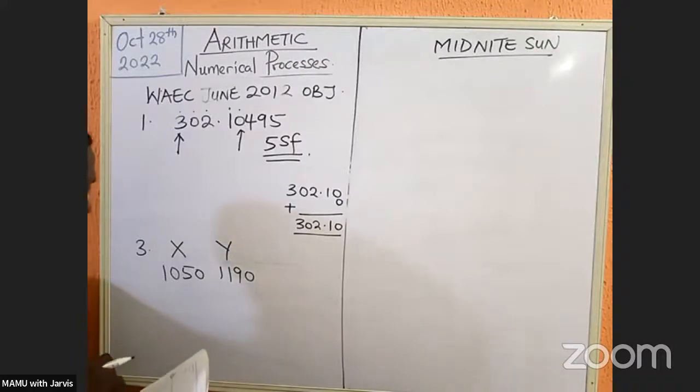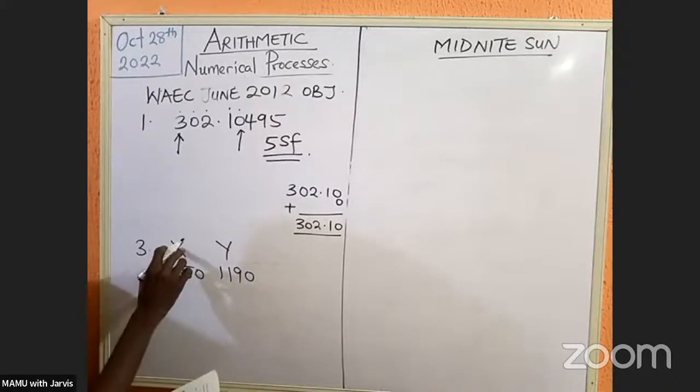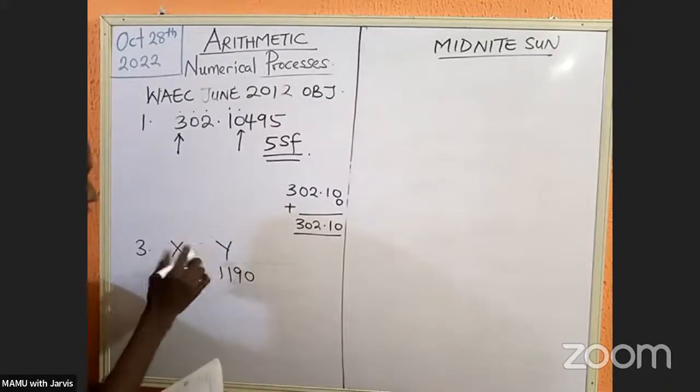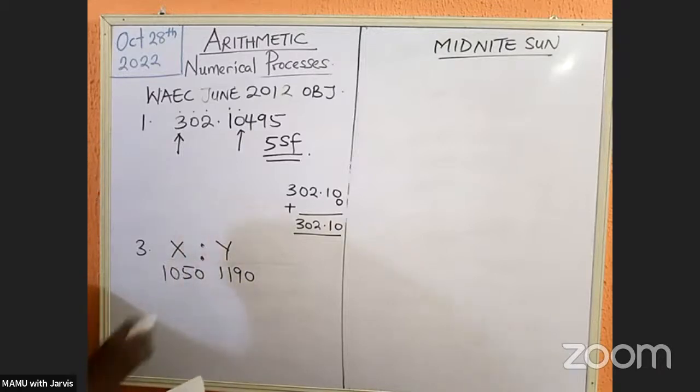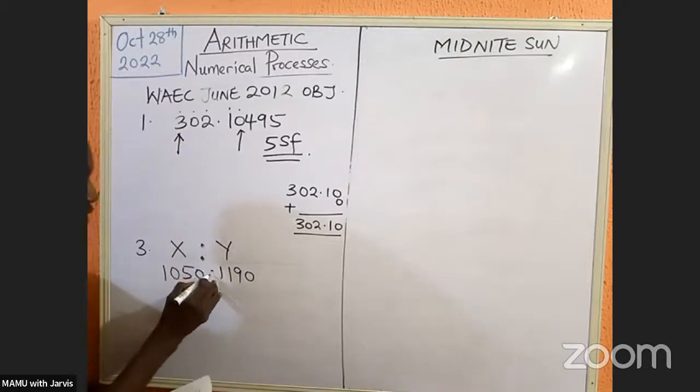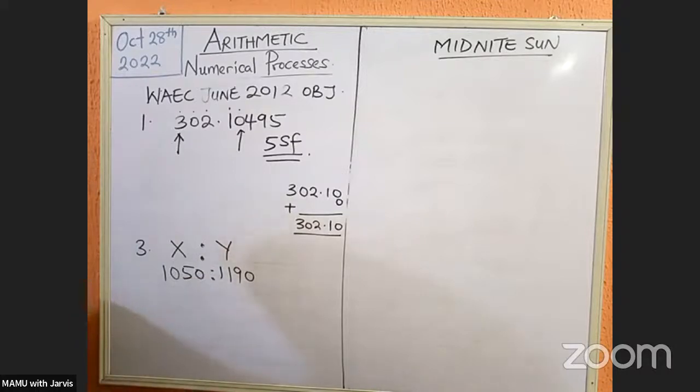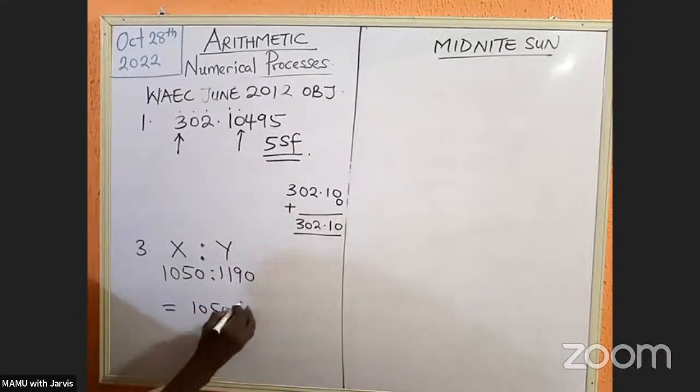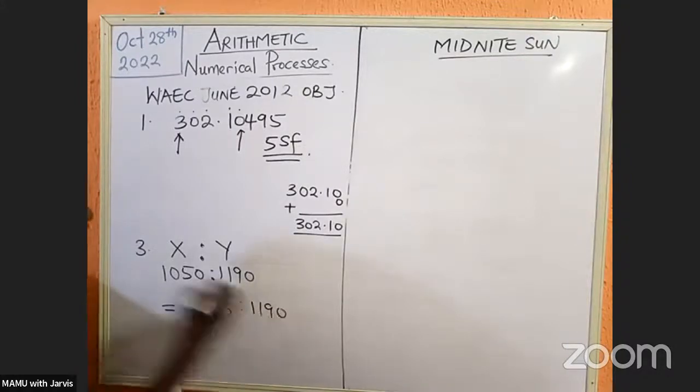It says find the ratio of the enrollment of X to Y. I hope you know that's how you write ratio. What they mean is reduce these numbers to the lowest terms. So we're going to have 1,050 to 1,190.